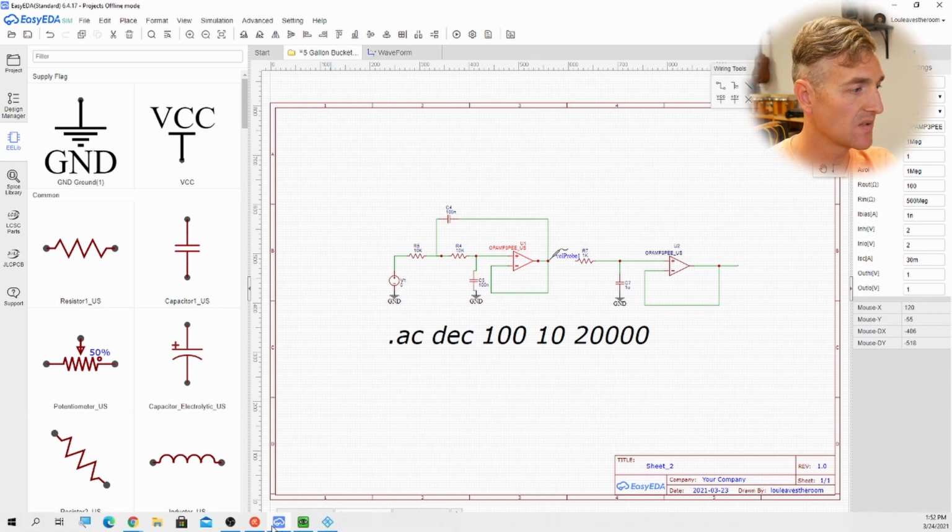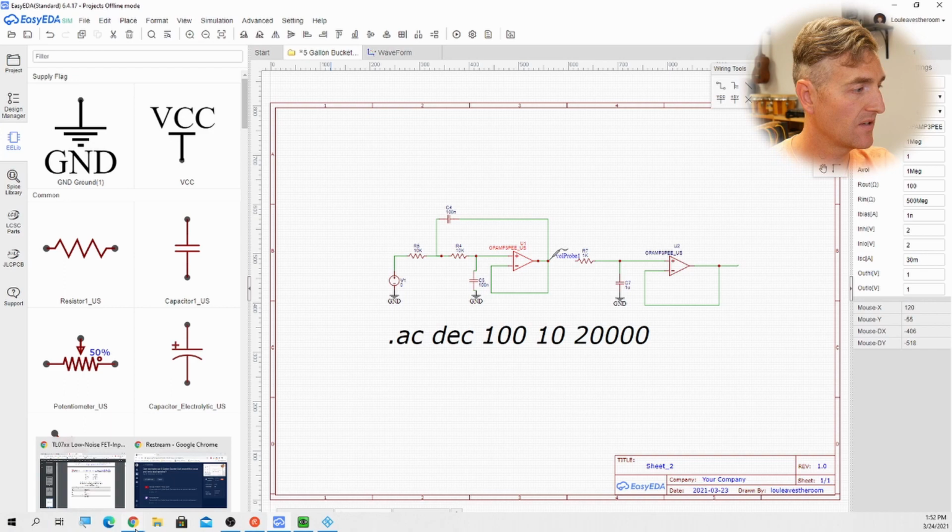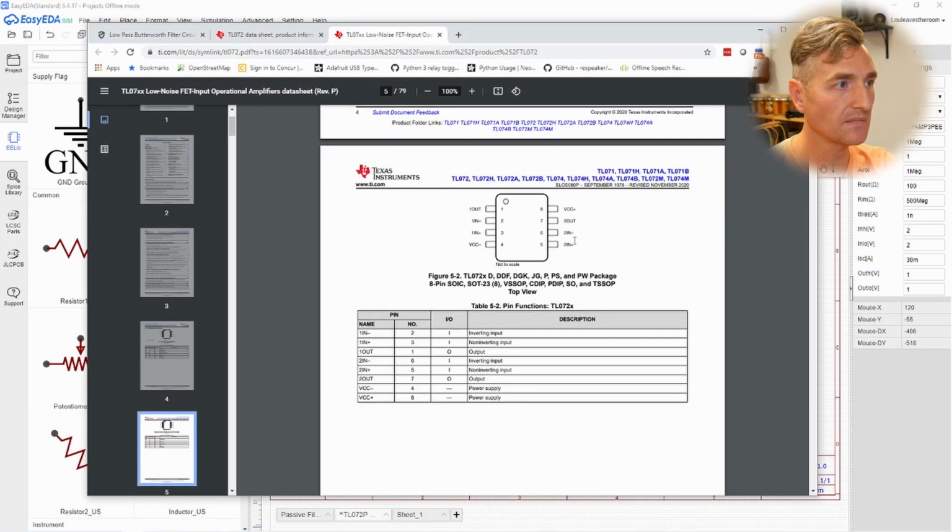If I go to my TL072 webpage, I've wired it in to be non-inverting, so I have tied V out 1 back to V in negative, and then I have put the input in all filtering stages on input positive. And that leaves me an entire second op-amp to use for a second stage of filtering, which I'm pretty stoked about.